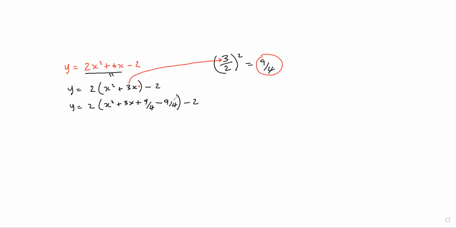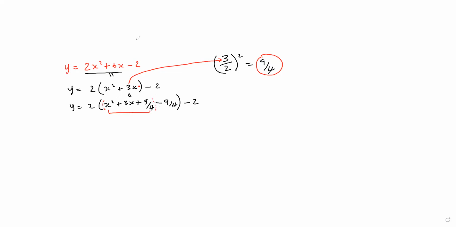You see, everything's the same, nothing's changed, it's still equal, except it looks different now. I did that because now I can complete my square on this bit here. So I actually want this in a separate bracket, so there's going to be another bracket I'm going to put in here.